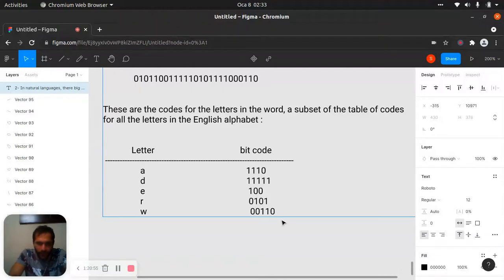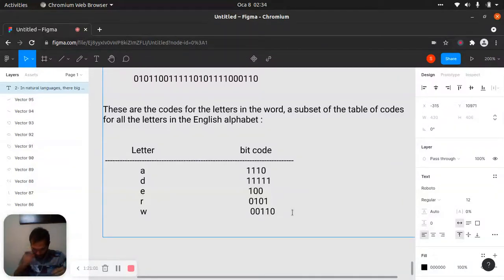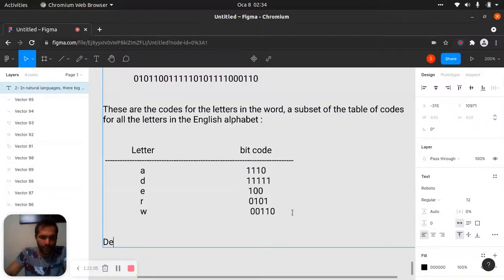Okay. Now we have the answers. Let's look for the answers. Now we will say: decode the word according to the bit codes in the table.